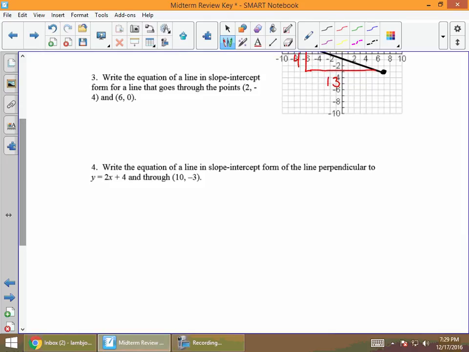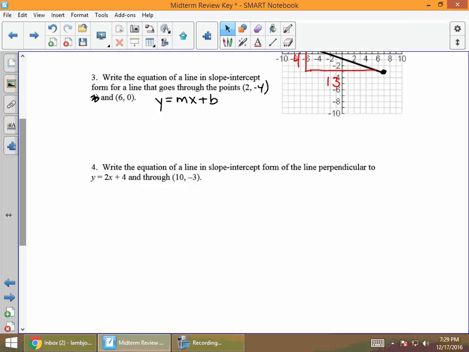Question number 3 says, write the equation of a line in slope-intercept form. That's y equals mx plus b. That goes through the point 2, negative 4 and the point 6, 0.